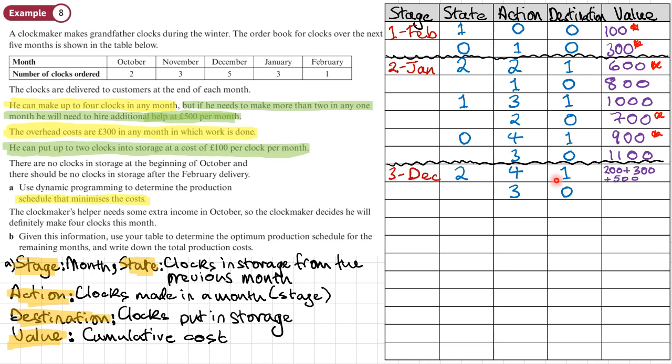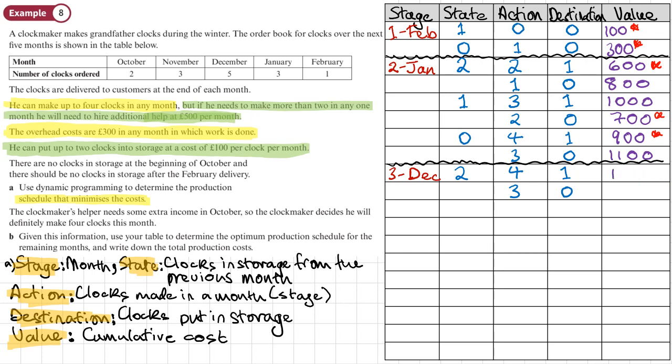So at this point, the 1, we're going to find state 1 and find the lowest cost here, which is going to be 700. So we add that on, plus 700. And that's a value here of 1,700. So we'll just write that in, 1,700.